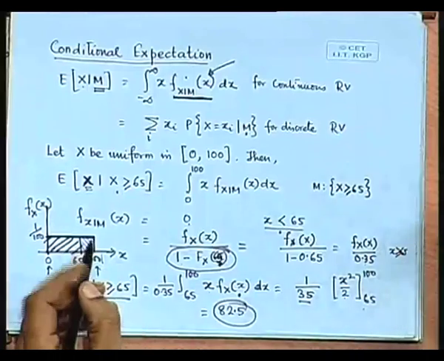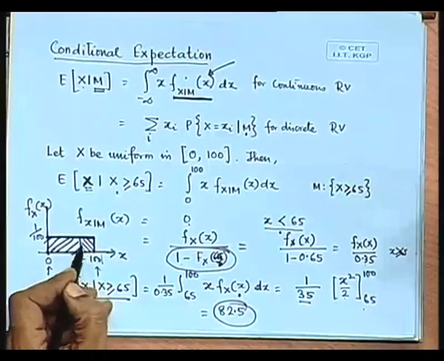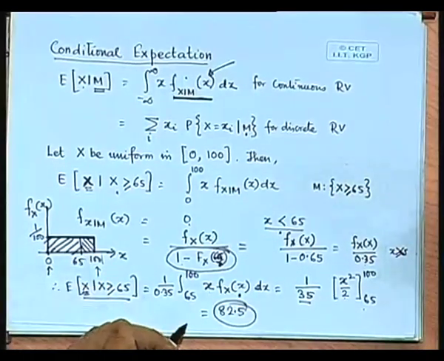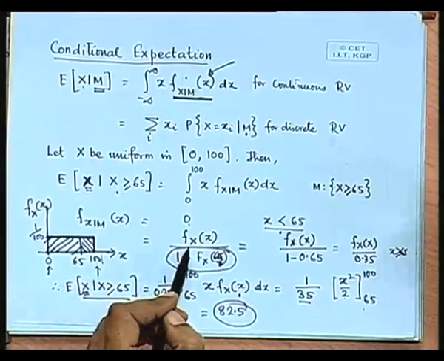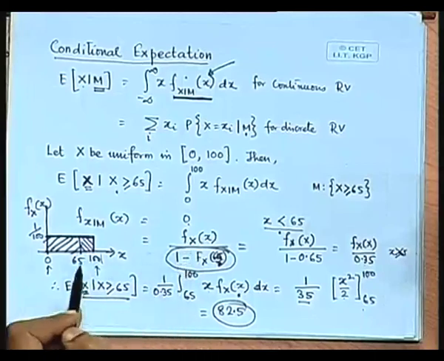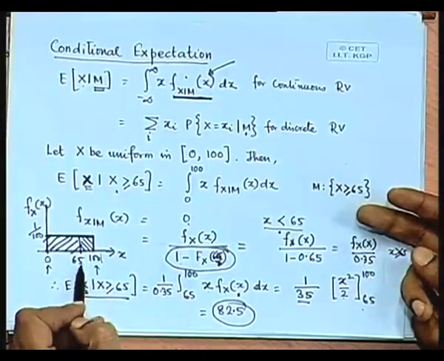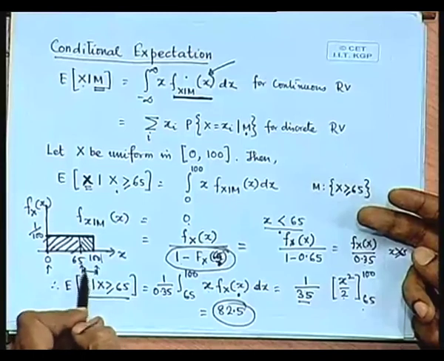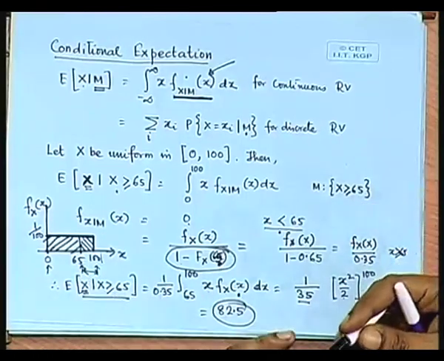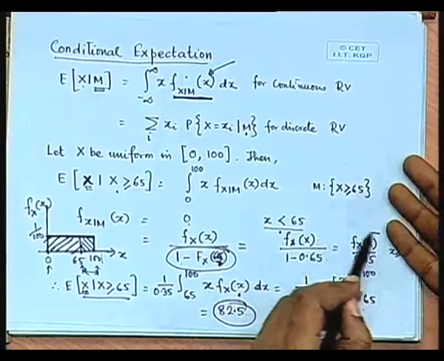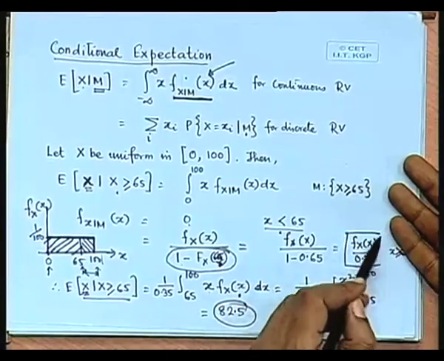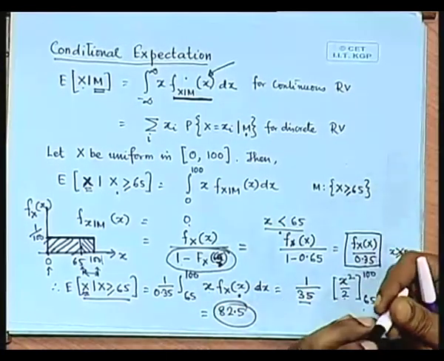So, we will get 0 here. All the people we get are now from this region. So, obviously now the probability density function is going to be this divided by 0.35, because over this region only the conditional density function is going to integrate to 1. So, the conditional density function is going to be f of x divided by 0.35, right.